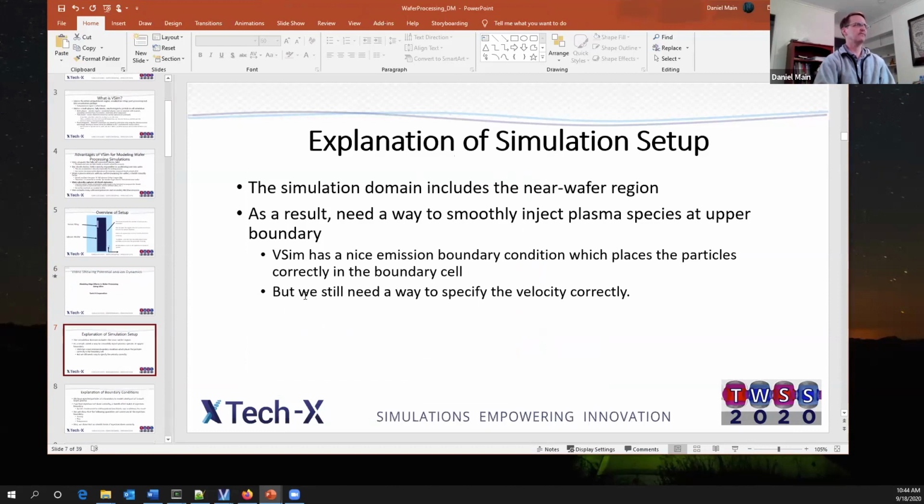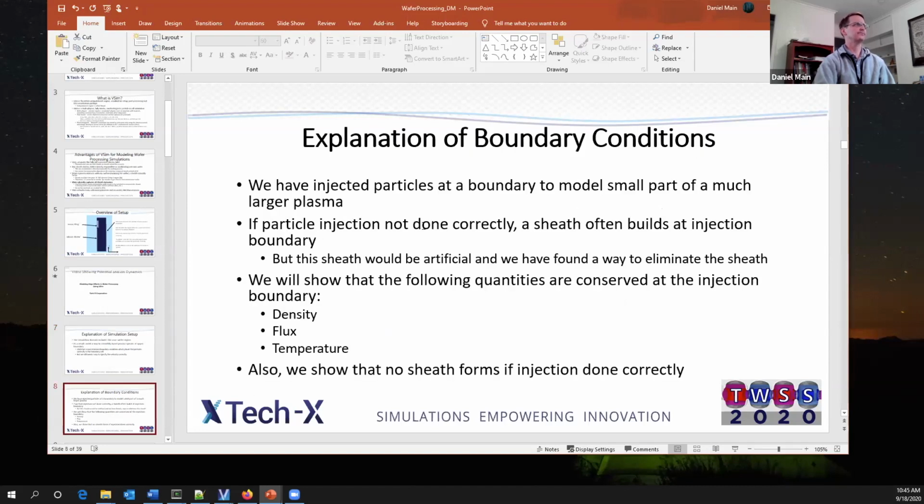So I guess the final point, though, is how do we specify this? VSim has a nice emission boundary condition, which places the particles correctly in boundary cells. So the question then is, how do you specify the velocity correctly? We've injected particles at that top boundary to model a small part of a much larger plasma.